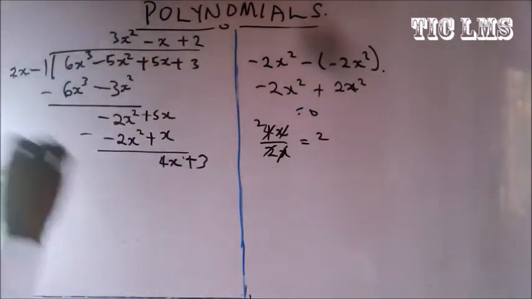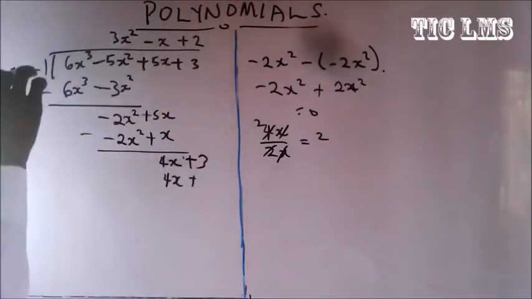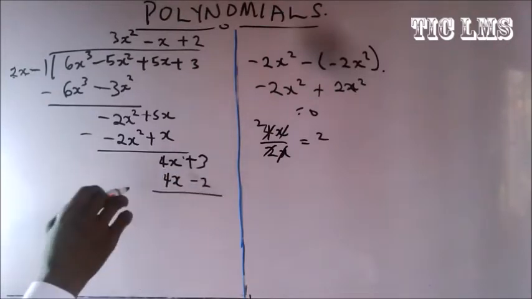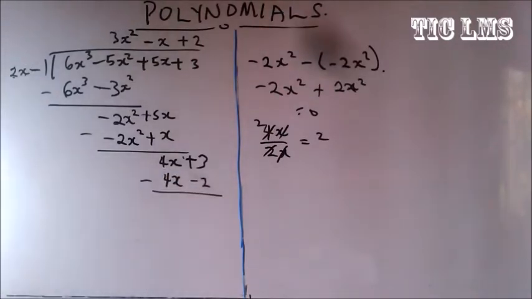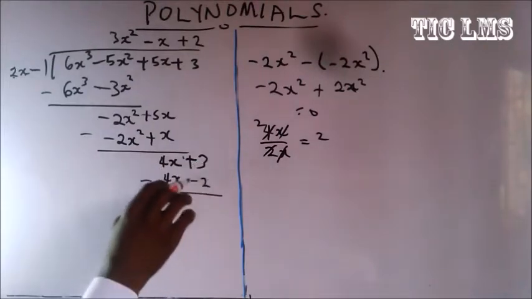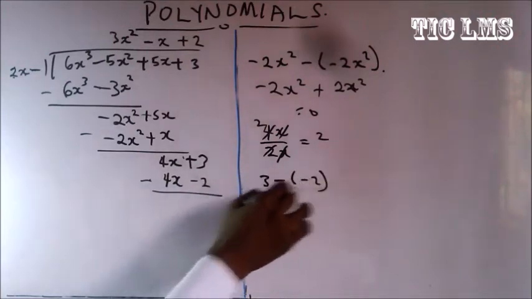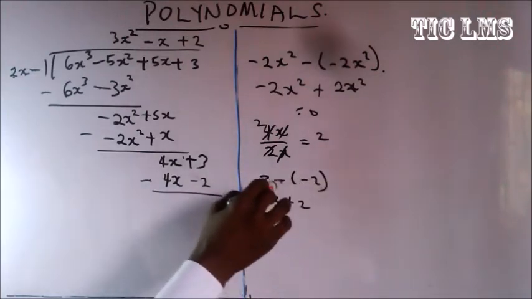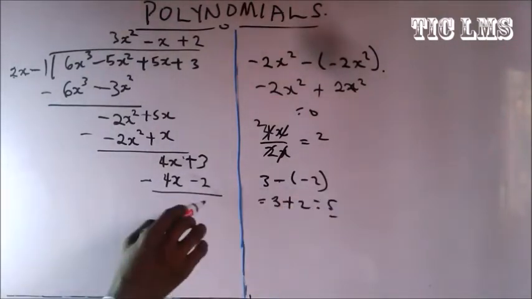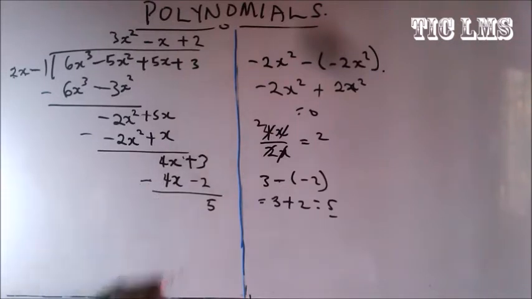Then 2 times 2x, we have 4x, plus 2 times minus 1, that gives minus 2. We'll subtract. We say that plus 3, so 3 minus minus 2. 3 minus minus 2, that's 3 plus 2, because minus times minus gives plus. And so we are left with 5. So we have 5 written here. And then 4x minus 4x, we have 0.